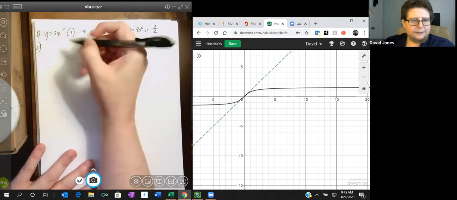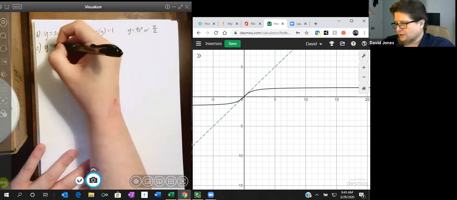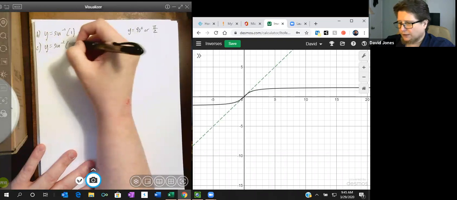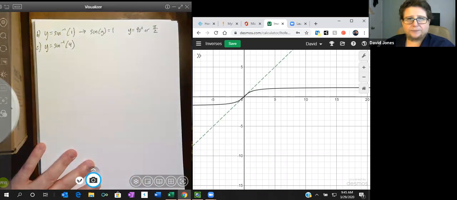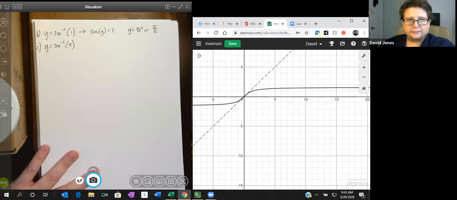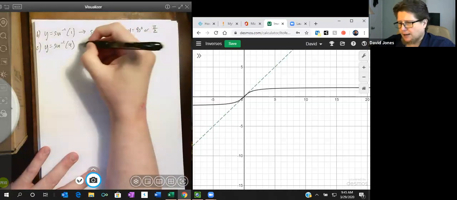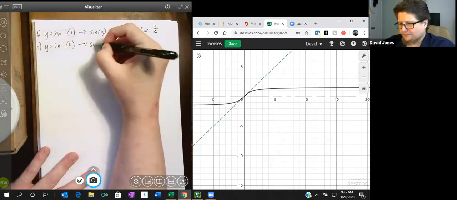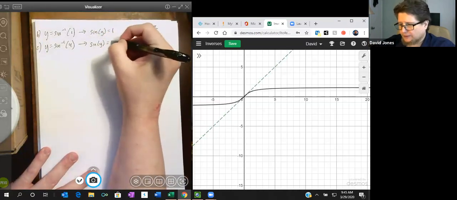Example C, y equals sine inverse of 4. Would you take a second and see if you can work that out? Okay. What we're really saying is sine of y equals 4.